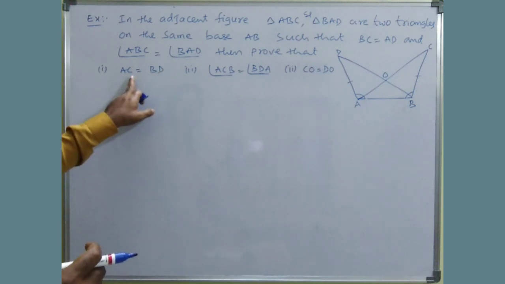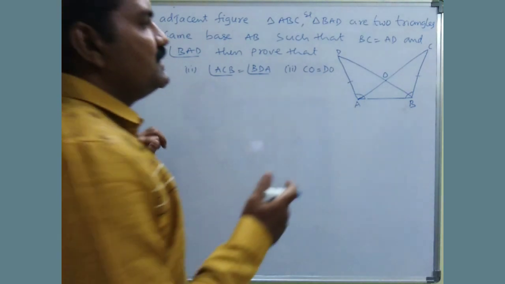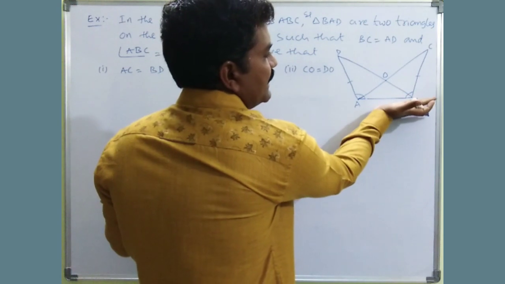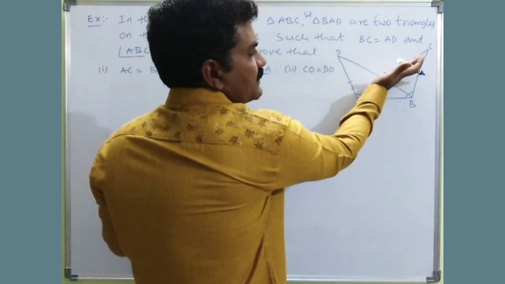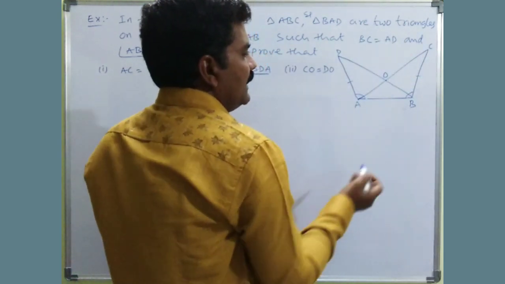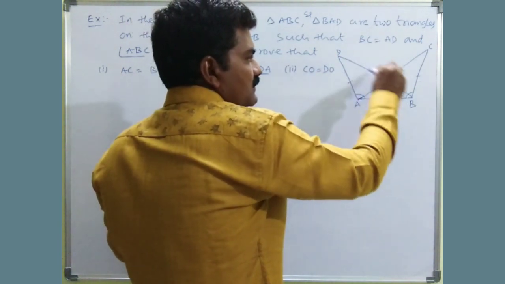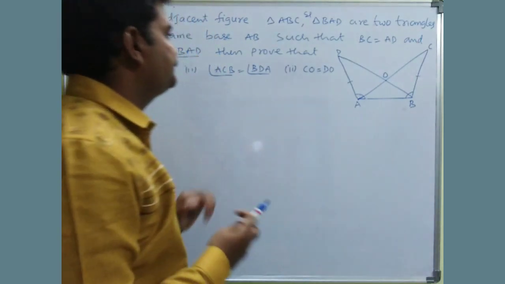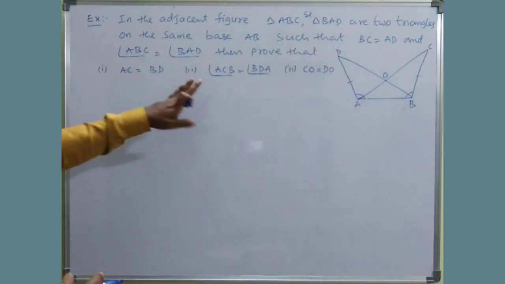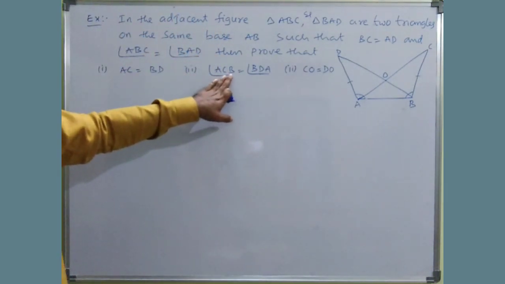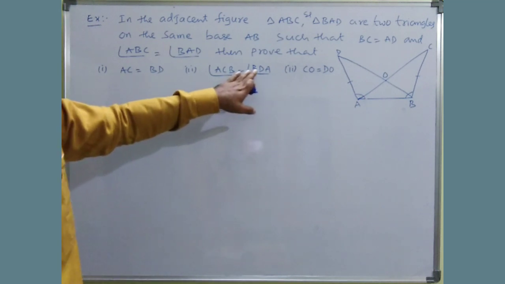Just look at what is AC and what is BD. See, AC in this triangle is one of the sides, and BD in the other triangle is one more side. And what about the second one? Angle ACB is equal to angle BDA.